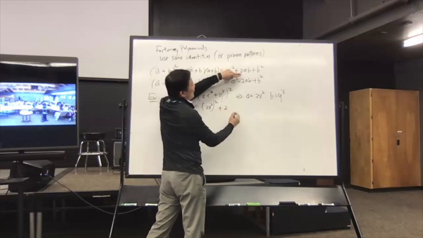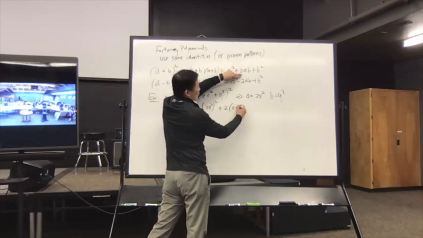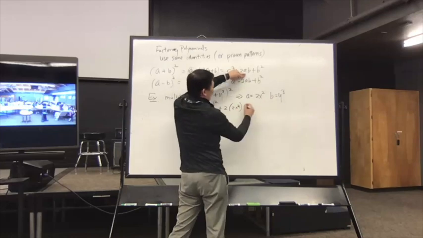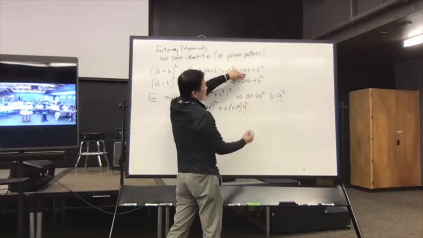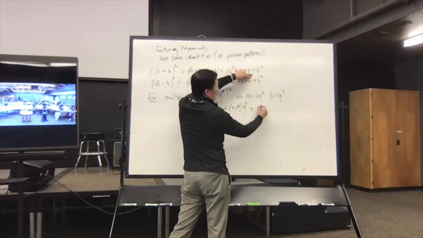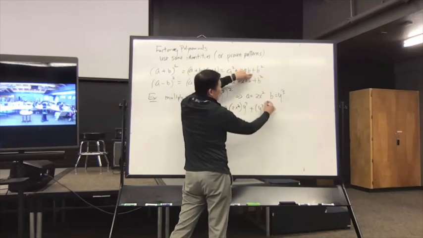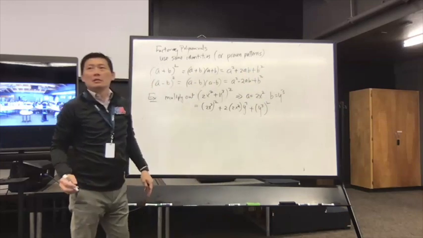Plus 2a, which is 2x squared, times b, which is y cubed. Plus b squared, which is y cubed squared.